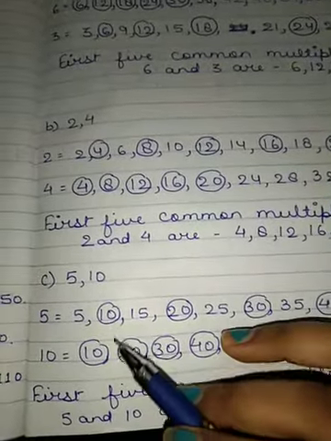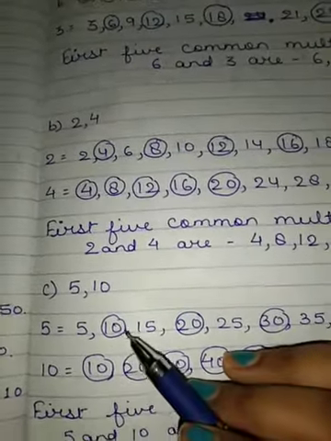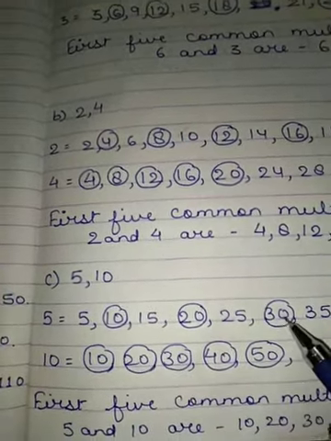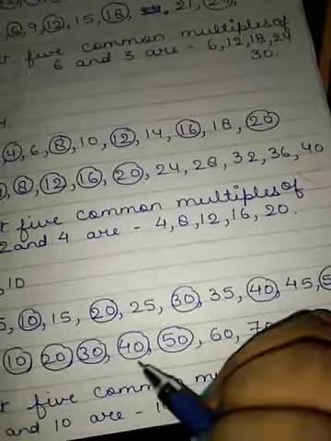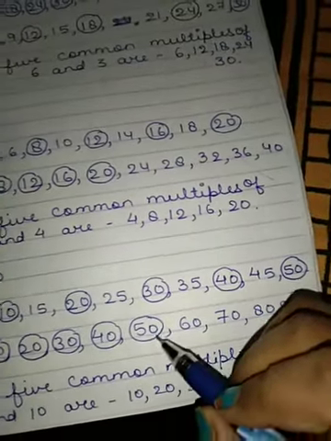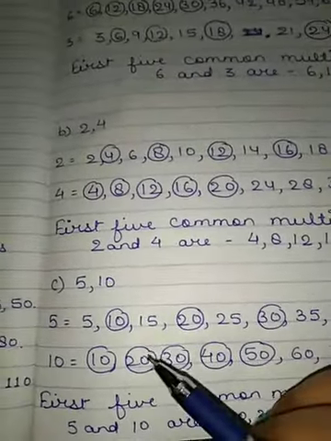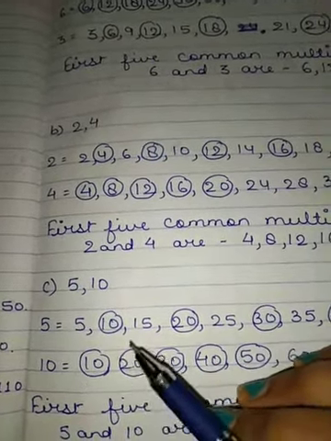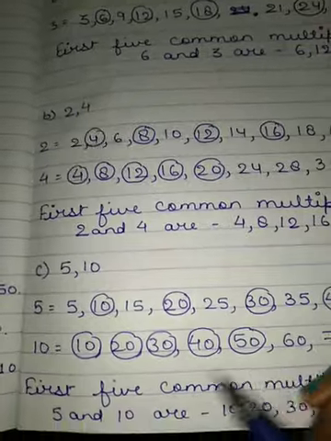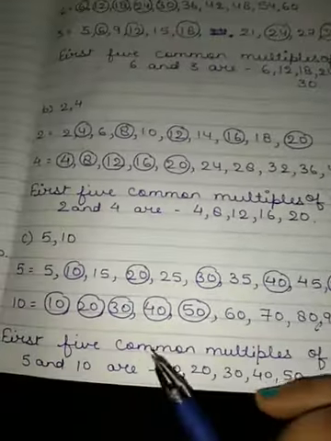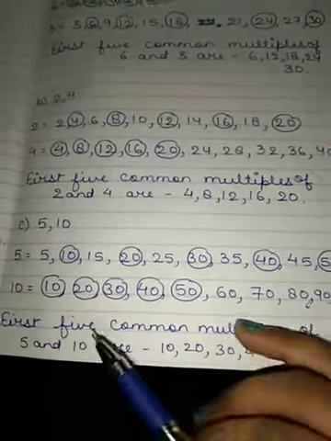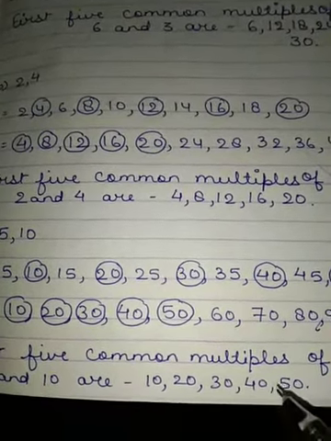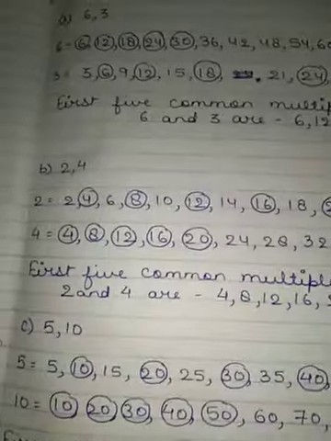So children, we will find out the first 5 common multiples. 10 is common, 20 is common, 30 is common, 40 is common, and 50 is common. So first 5 common multiples of 5 and 10 are 10, 20, 30, 40 and 50. This we will write here also.